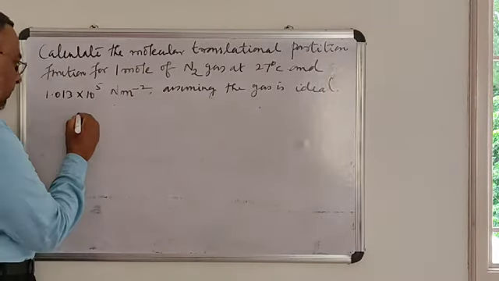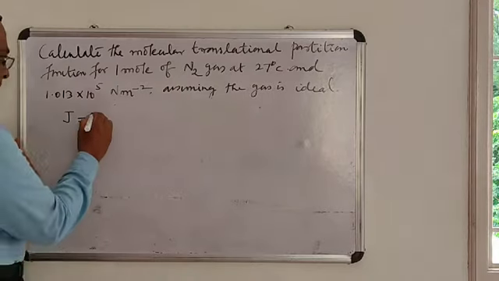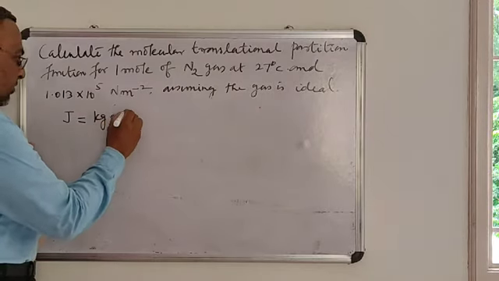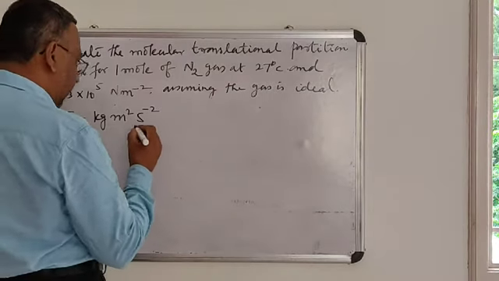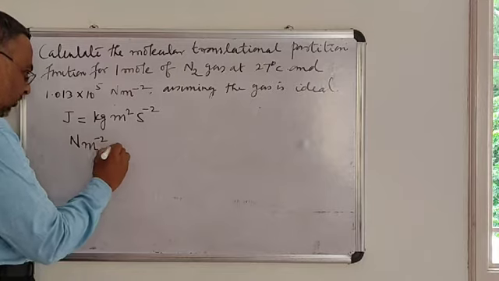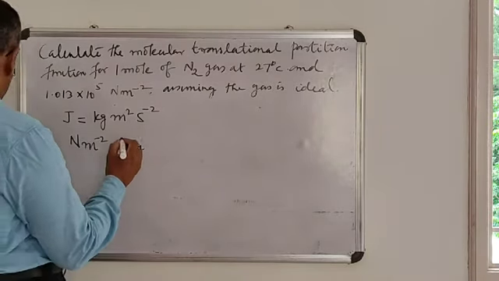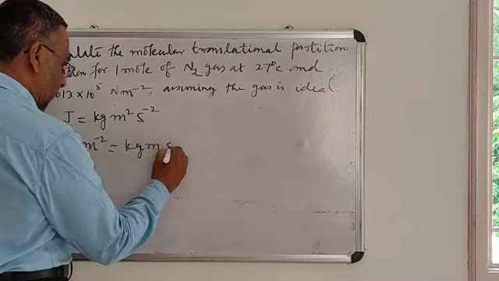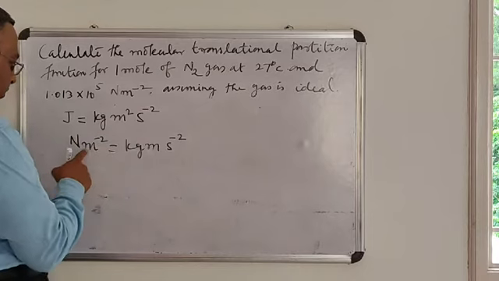First you must know 1 joule is equal to kilogram meter square second power minus 2. And Newton power meter minus 2 will be equal to kilogram meter second power minus 2, this is equal to Newton.